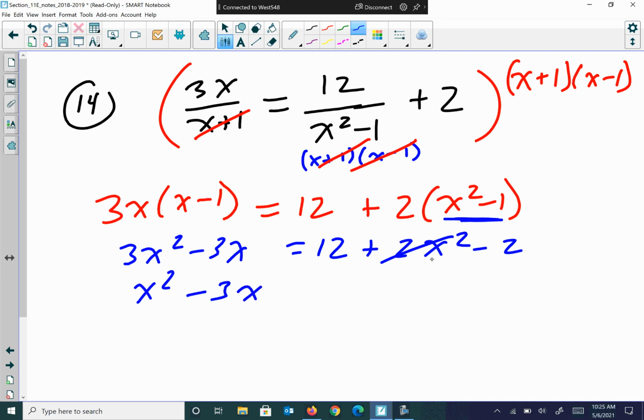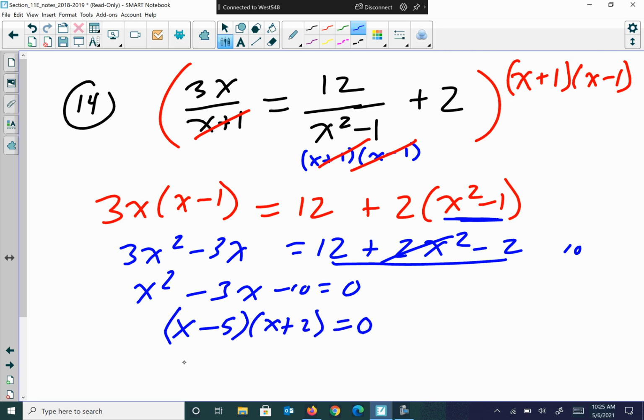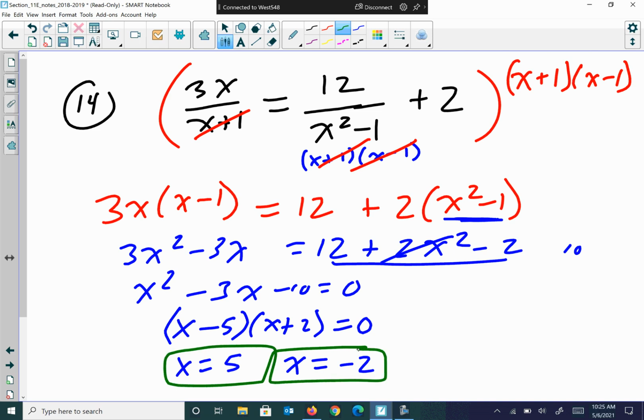That's going to give me 10. So if I put those together, it gives me 10. So I'll bring that over, minus 10 equals 0. So I get x minus 5, x plus 2 when it factors, which gives me x equals 5 and x equals negative 2. Both of those answers would be fine because none of them plugged into the original would give me a denominator that would be 0.